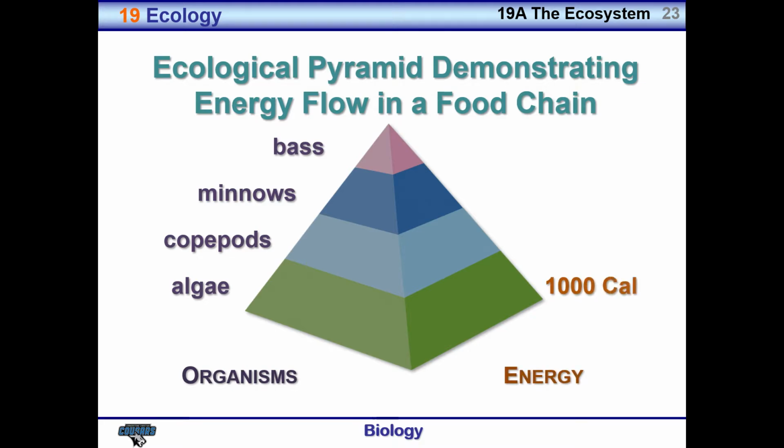So looking at the energy, if the algae has 1,000 calories, then 90%, we said 80 to 90%, let's say 90% of that energy gets to the copepods. When they are eaten by the minnows, of that 100 calories, only 10 is available to the minnows, and then only 1 calorie is available to the bass. So the energy at each level, 80 to 90% of it is lost.